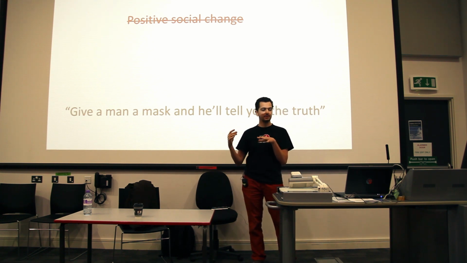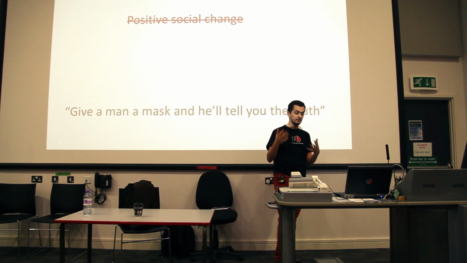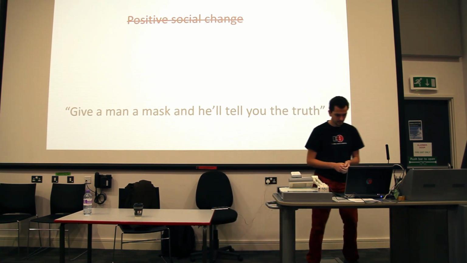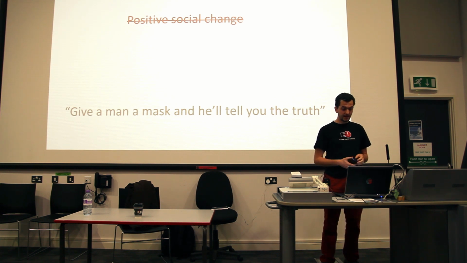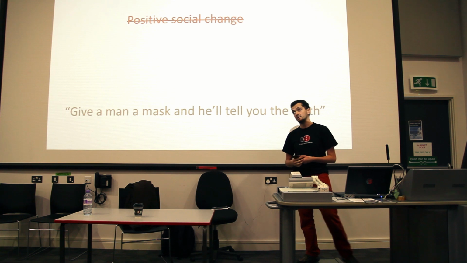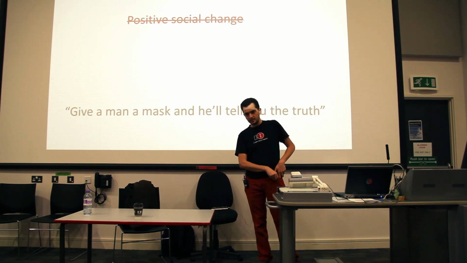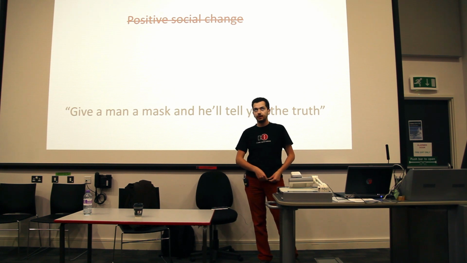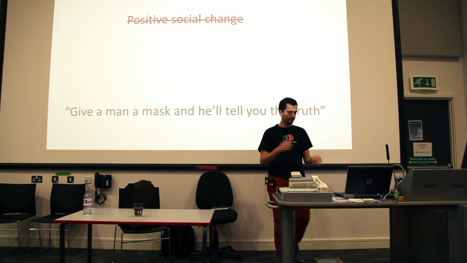Imagine how important it becomes to be able to keep your privacy, to stop the government from surveilling you. The standard aphorism here that I've heard people use before is, give a man a mask and only then will he tell you the truth. If you know that the consequences of what you say are going to be dire, then you just won't say it. You will self-censor.